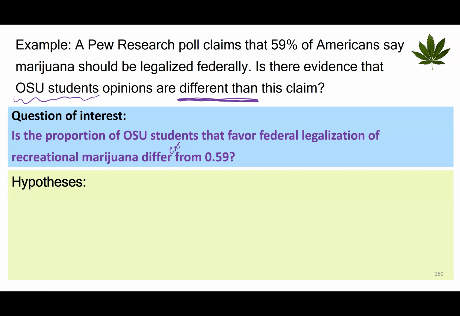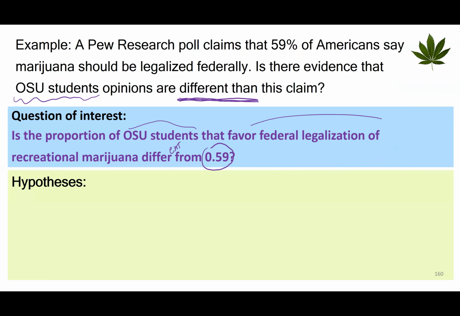We just want to know, hey, is the proportion of the population, so all OSU students, that favor legalization different from 0.59? And note that 0.59 comes from this other study that I read. It does not come from our sample. It has nothing to do with the sample itself. It has to do with an outside claim.